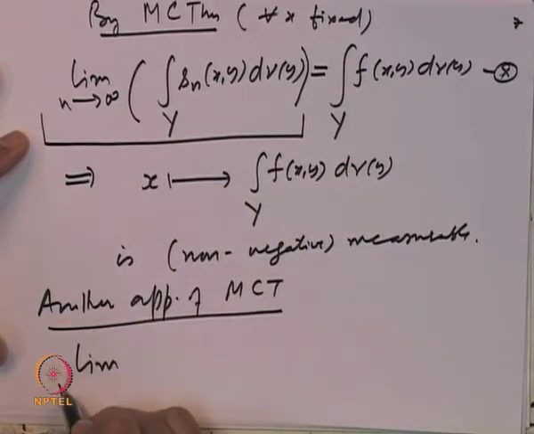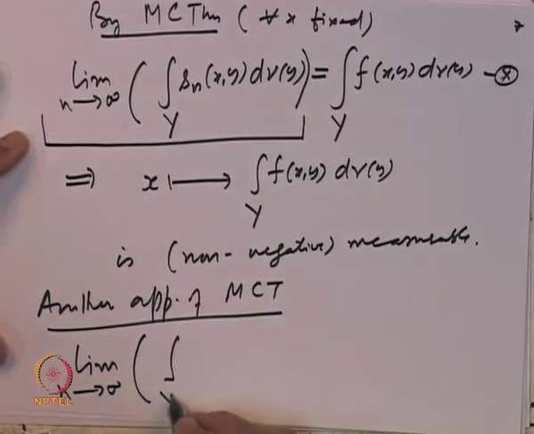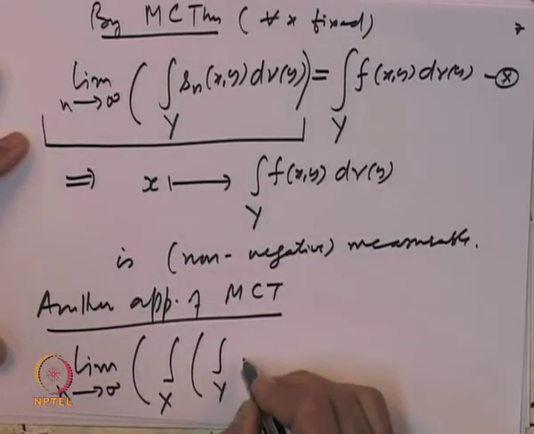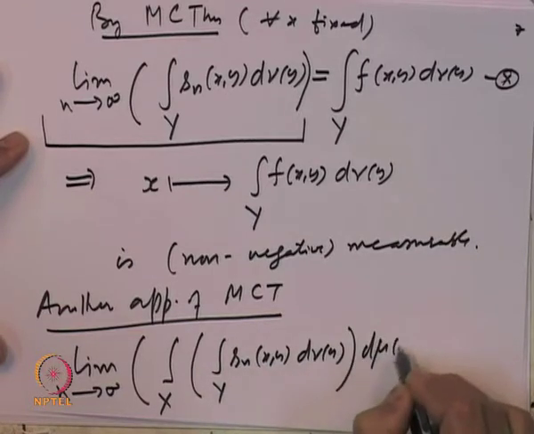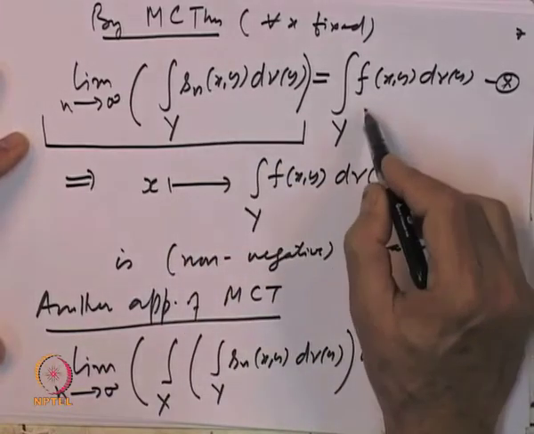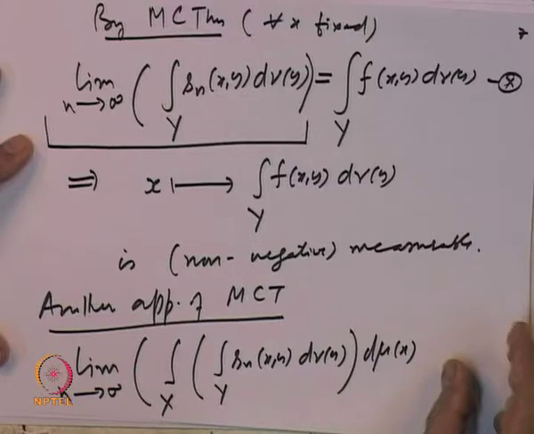So, this says the limit, n going to infinity, of the integral over x of these functions, the integral of S n of x, y d nu y d mu x, must be equal to the integral of this with respect to x, again by the monotone convergence theorem.